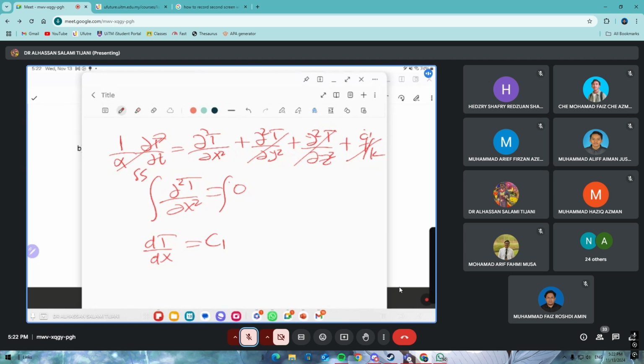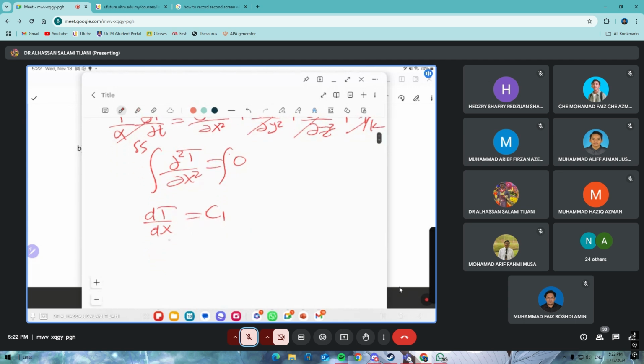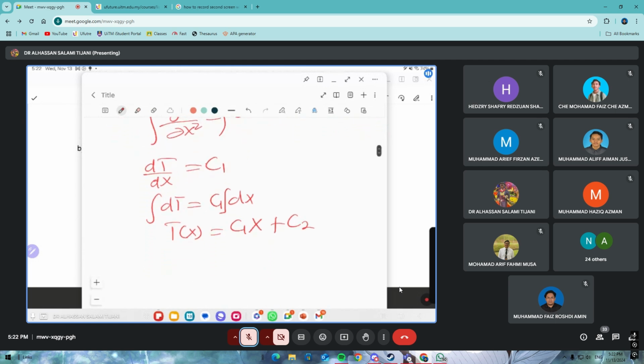You can rearrange like this and say that dT equals C1 times dx. If I integrate this, this gives me T of x equals C1 times x plus C2. Okay? So now from here, we need to apply boundary conditions.